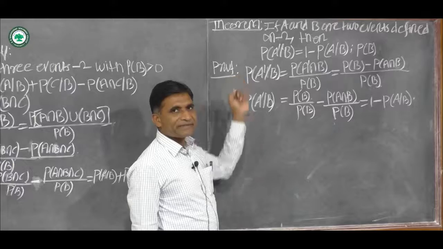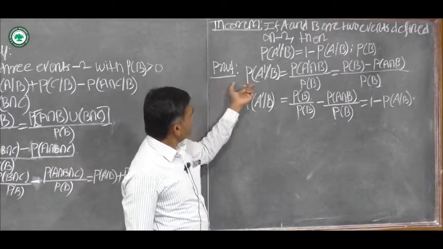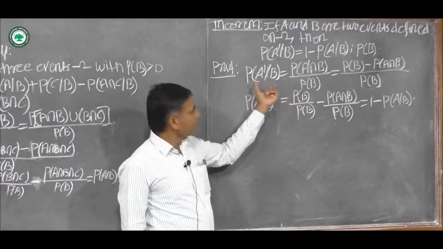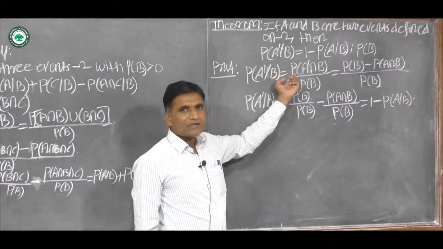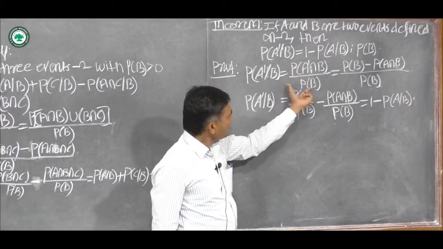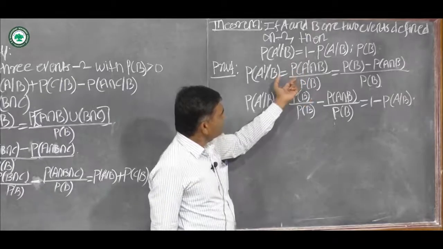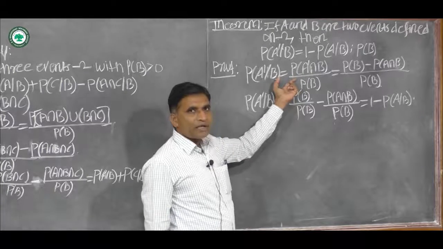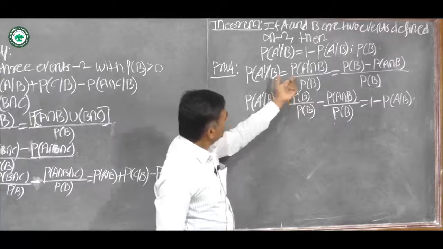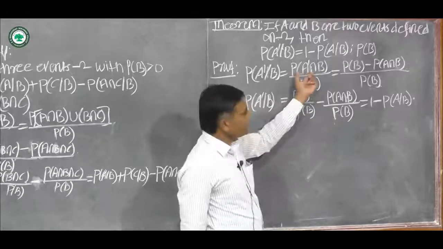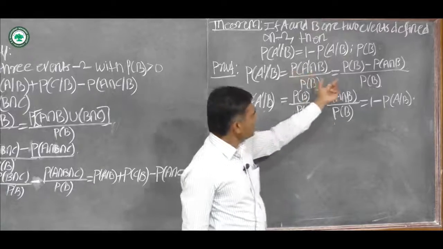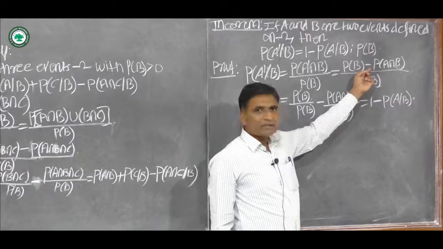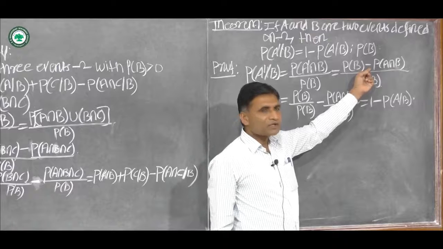Now the proof of this theorem: probability of A dash given B is equal to probability of A dash intersection B upon probability of B, by using the definition of conditional probability.